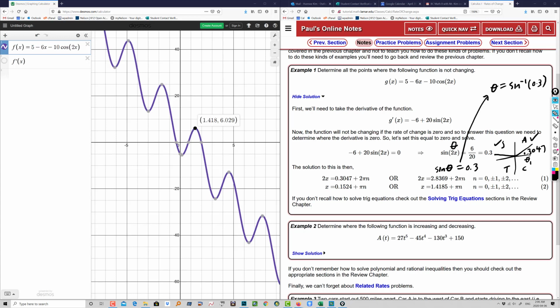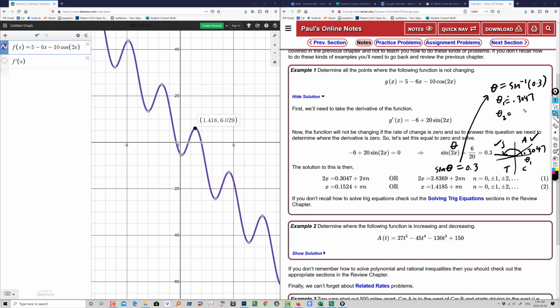To get the second angle, it's going to be pi, which is half a turn, minus that same value. So theta 1, we just figured out, is approximately 0.3047, and theta 2 is going to be pi minus that.